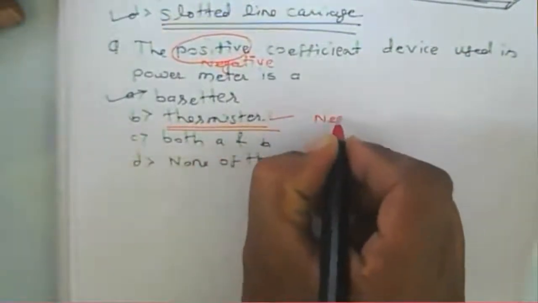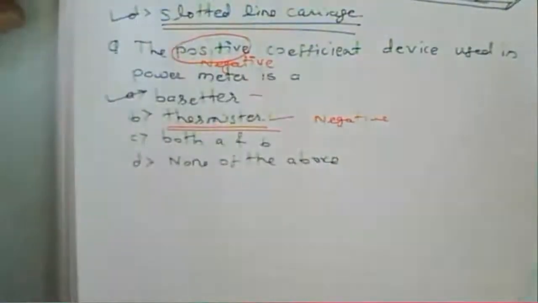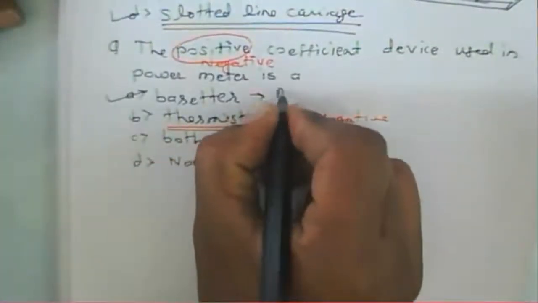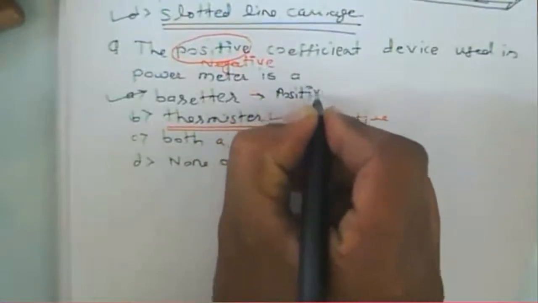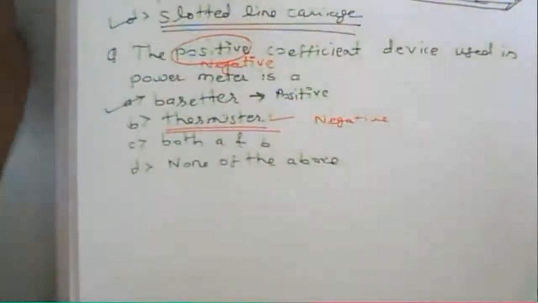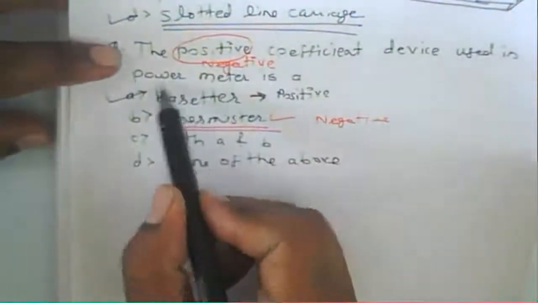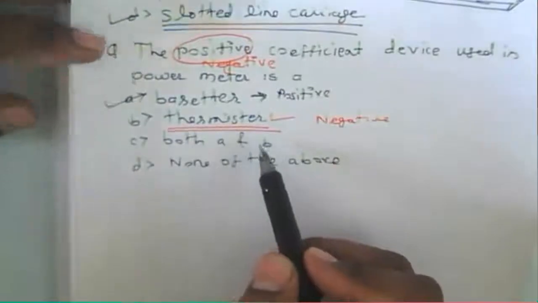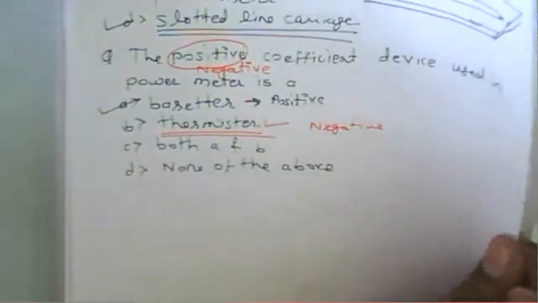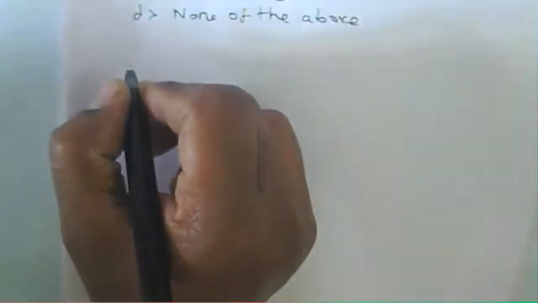Thermistor is nothing but a negative one, and this one is a positive one. So if I write the two statements differently, the positive coefficient device is a barretter and the negative coefficient device is a thermistor. So no need to write twice.